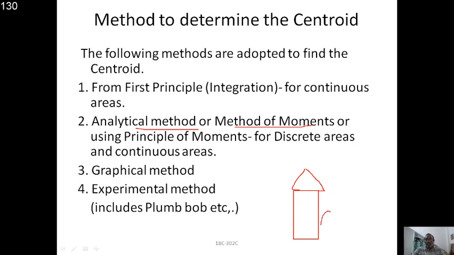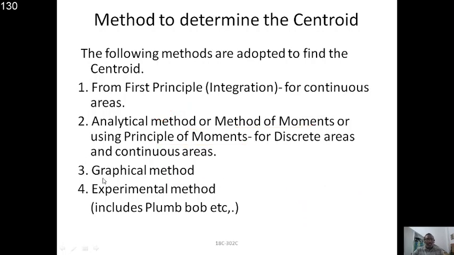If in addition I had a circle here, you can add any number of shapes and calculate easily with the analytical method, or method of moments, or principle of moments. For these types of discrete areas, combined with each other in different shapes, it is very useful to calculate the centroid by the analytical method, method of moments, or principle of moments, right?